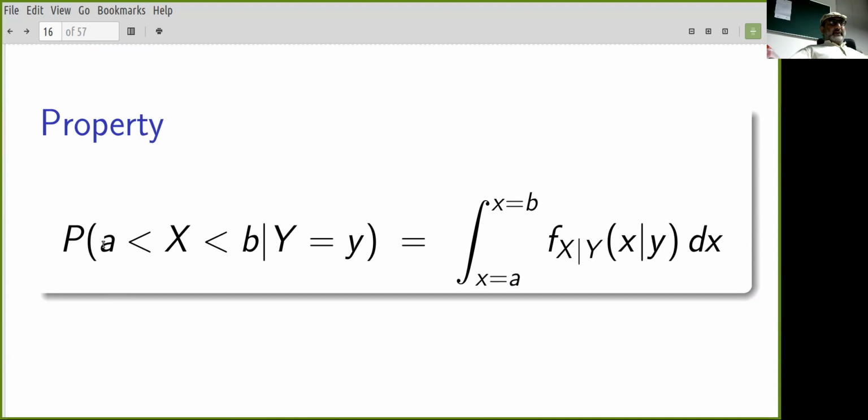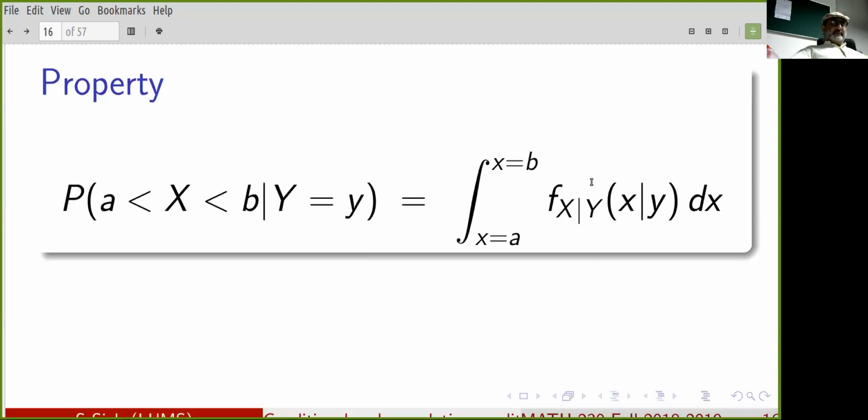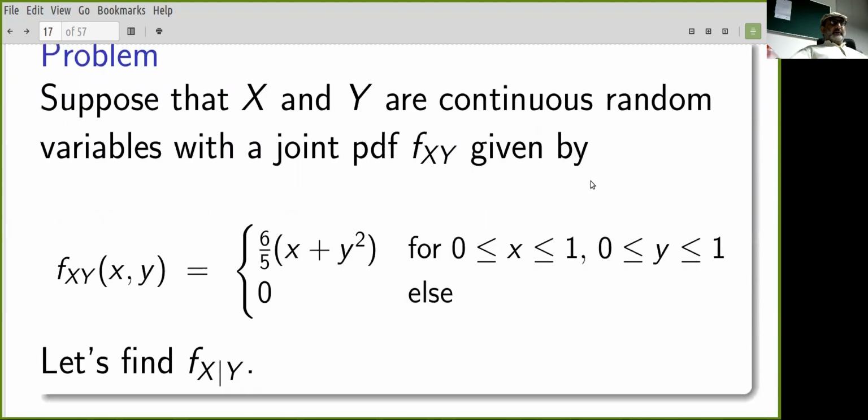And the way to find the probability that x lies between a and b, given that y is equal to y, is given by integrating the conditional for x given y from x equals a to x equals b. In the case of the conditional PMF, it was a sum. Right now we're doing continuous random variables, so it's an integral.